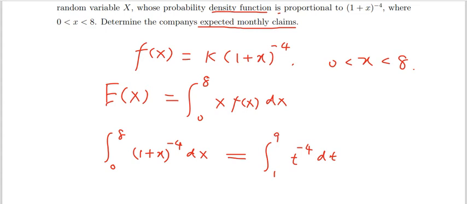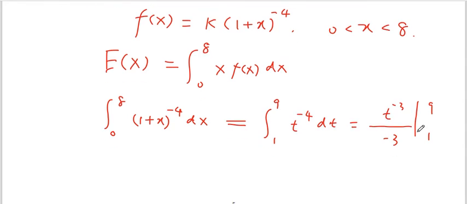And t^(-4) integrates to t^(-3) over negative 3, from 9 to 1. So we just take 1/3.